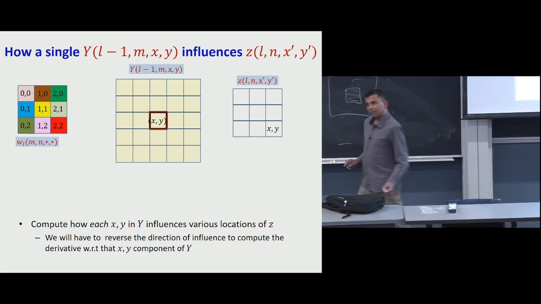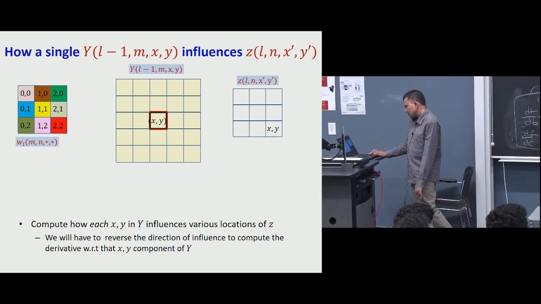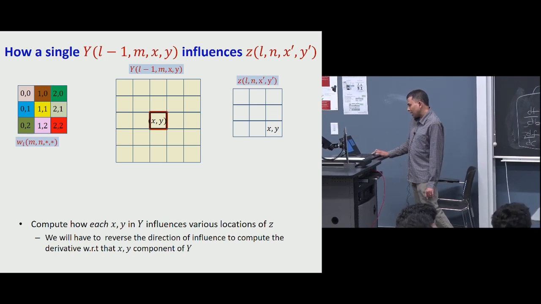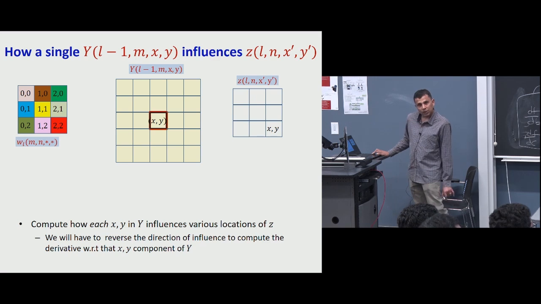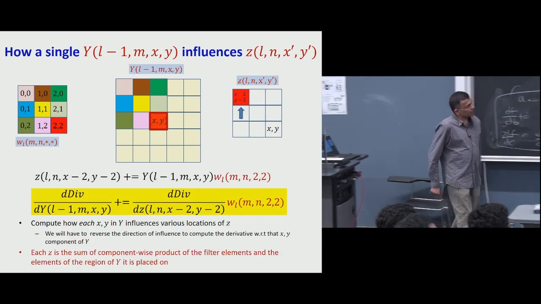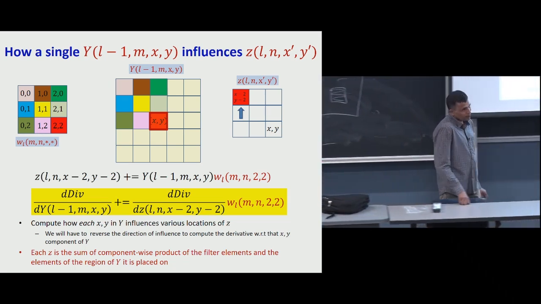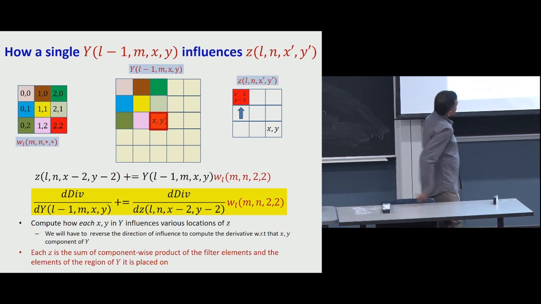Now, something interesting happens over here. So look at this. I'm going to compute how each xy in y influences various locations of z. Okay? Suppose I want to compute z00.